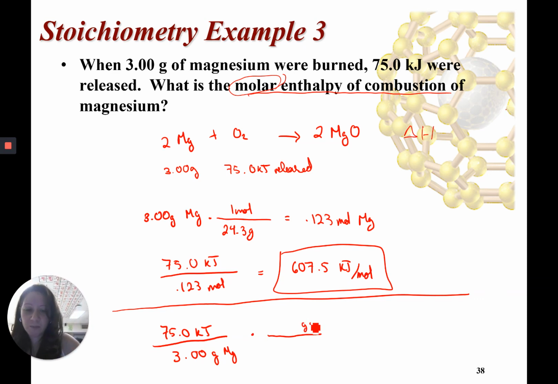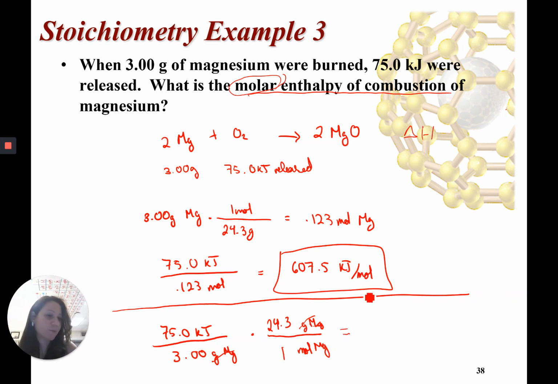So I'm going to put grams here and moles here so that when I multiply, my grams cancel and I end up with kilojoules per mole. And I know that 1 mole of magnesium is 24.3 grams. So this gives me 607.5 kilojoules per mole.